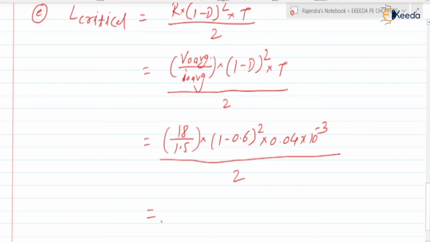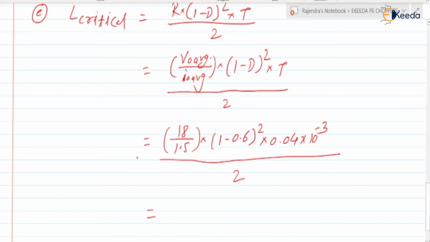So L critical is equal to 18 upon 1.5 into 0.4 square into 0.04 into 10 to the power minus 3 divided by 2.